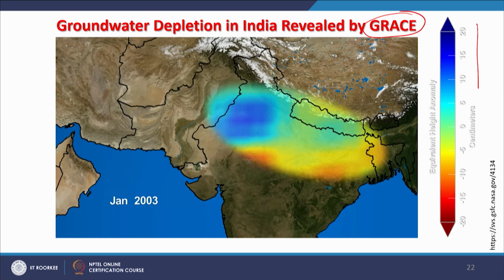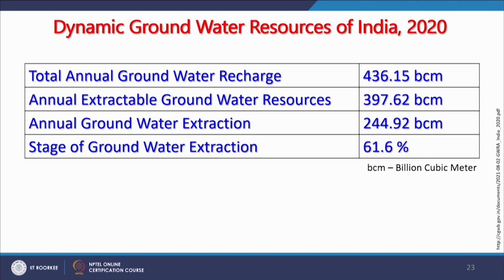So, the western part is becoming rich and the eastern part is having more depletion of groundwater. Why? Because the rainfall is shifting towards the west and reducing here, so the recharge is reduced. If no efforts are made, then it is going to create a lot of problems in this eastern part of India, where a large population lives.